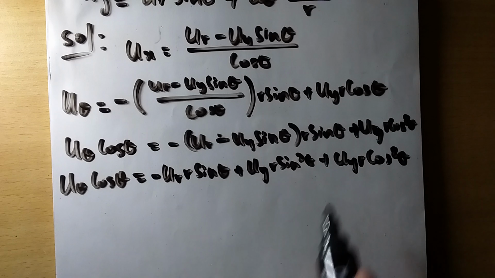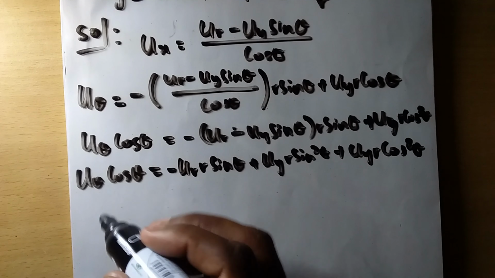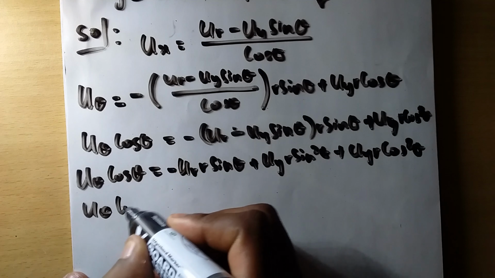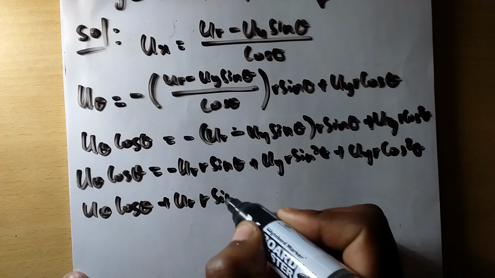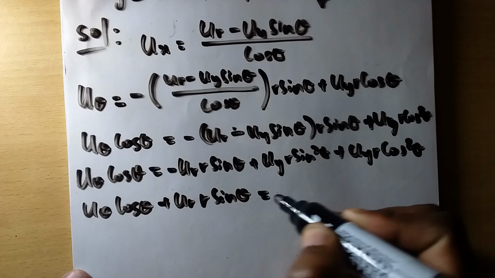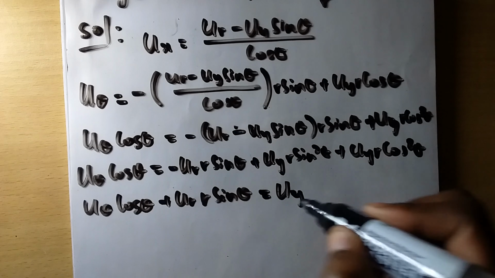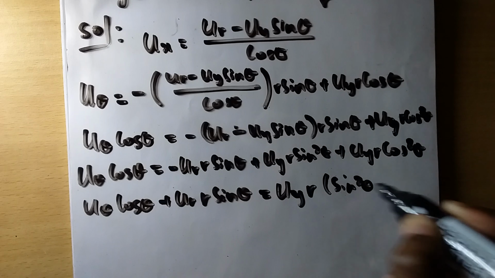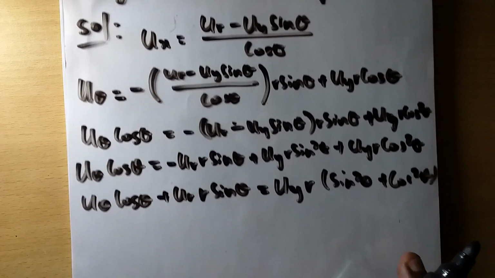We can see that these terms are with respect to U_y, so let us have this one on the side. We have U_θ cos θ plus U_r r sin θ is equal to, if you take out U_y r, sin squared plus cos squared, which is 1.